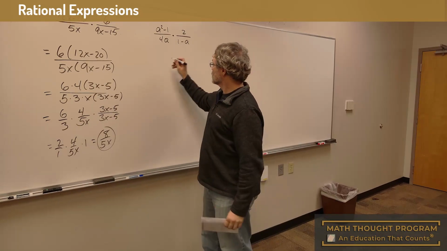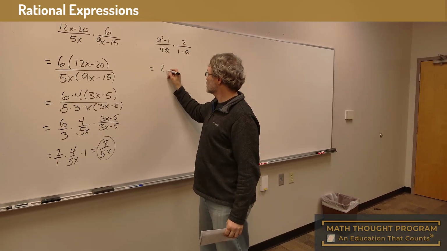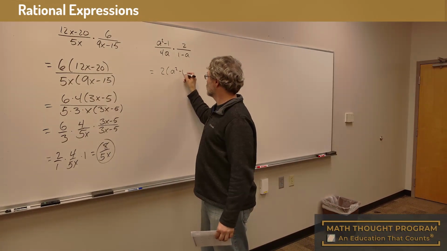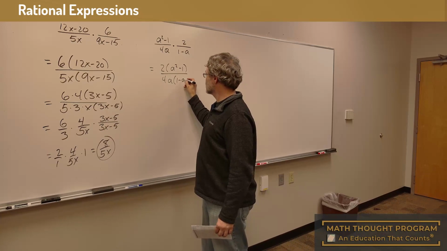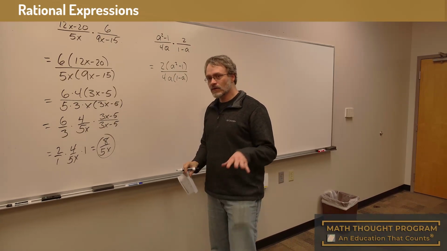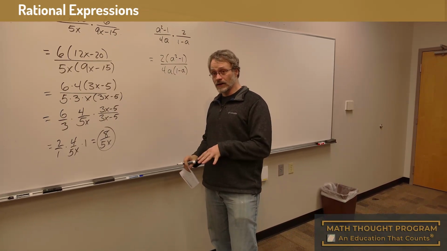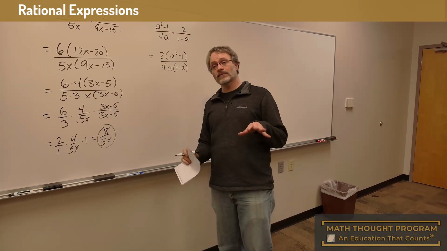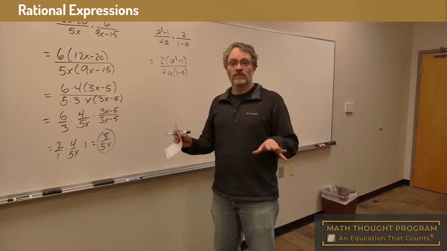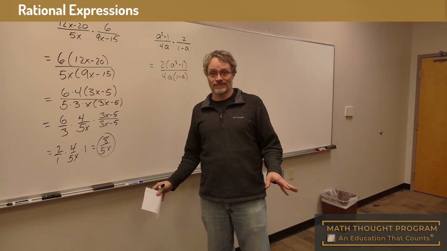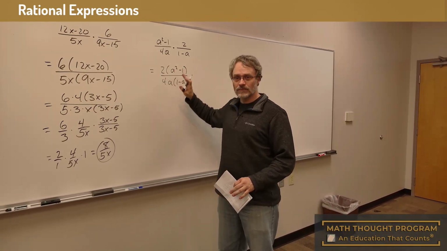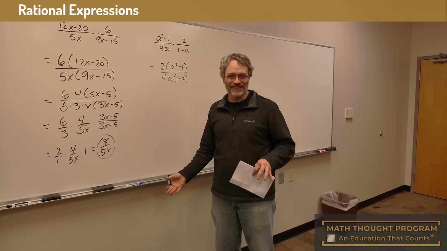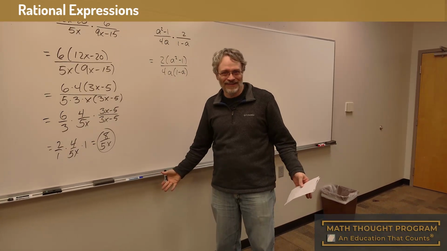And here, as I go about the problem, I'll have a squared minus 1 over 4a times 1 minus a. And notice how I'm not expanding out. I want to keep things in factored form for as long as I possibly can. So I'm not going to say 2a squared minus 2, because then I have to go back and factor it again. That's just wasting time.